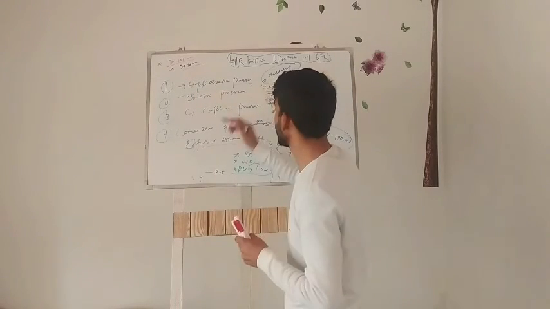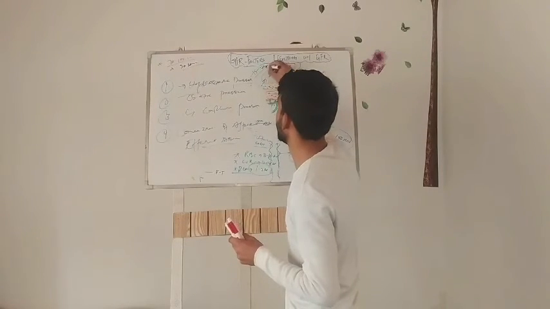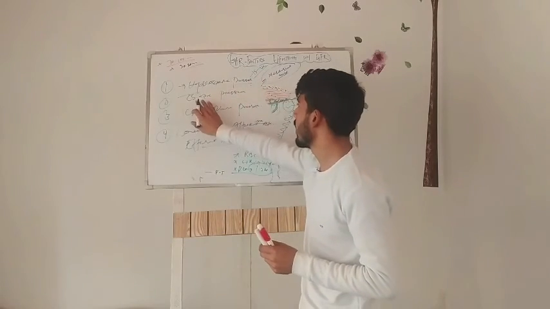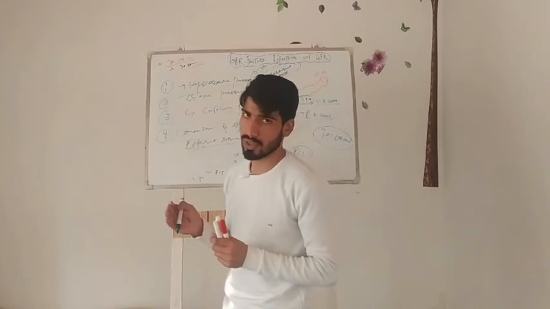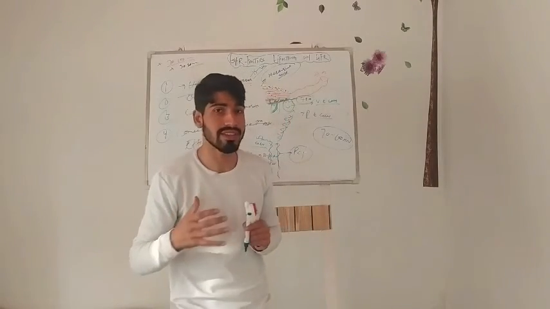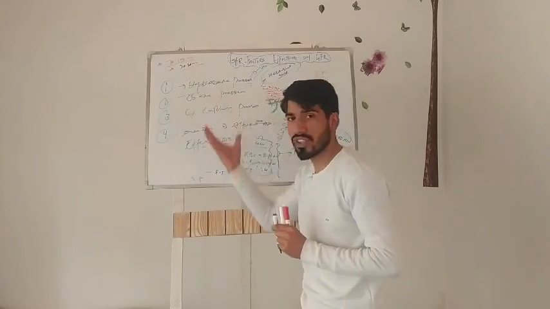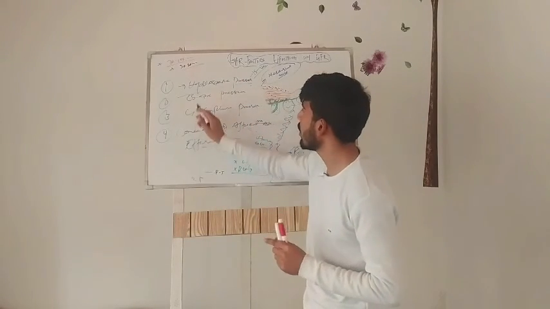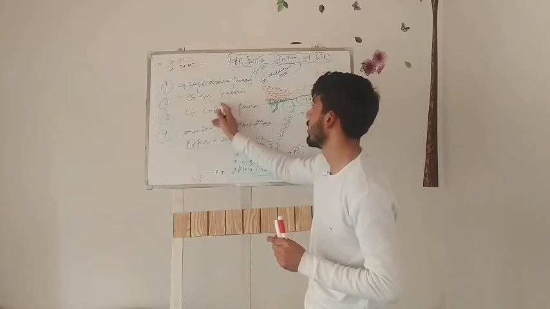The normal hydrostatic pressure is about 15 mm mercury. The next one is osmotic pressure, which is exerted by the plasma proteins. When this osmotic pressure increases, the GFR decreases. The normal osmotic pressure is about 25 mm Hg.